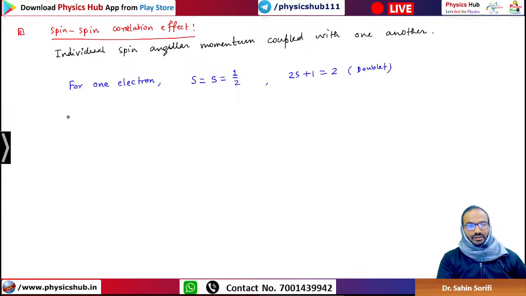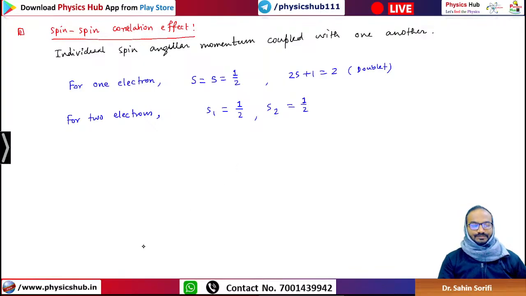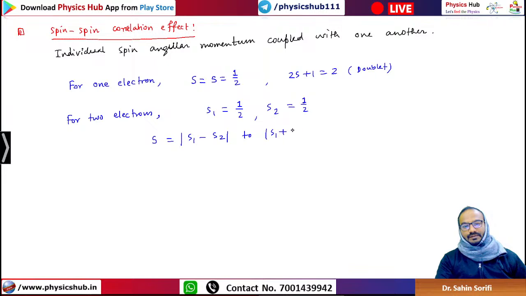Okay. Now let's say we have 2 electrons. One S will be half, another will also be half. Both are electrons, so both are spin half. So your capital S will have a value from S1 minus S2 to S1 plus S2.